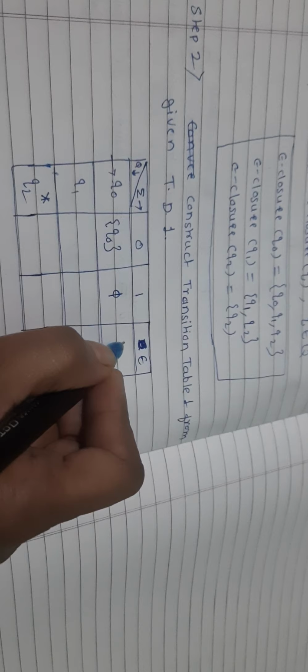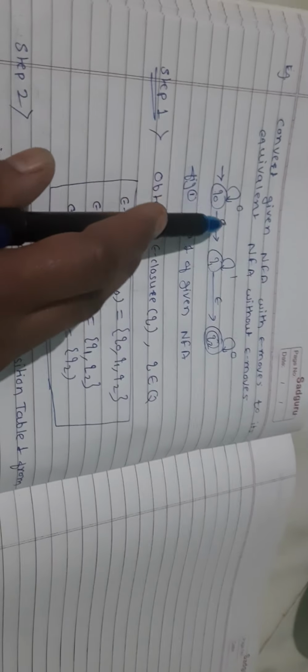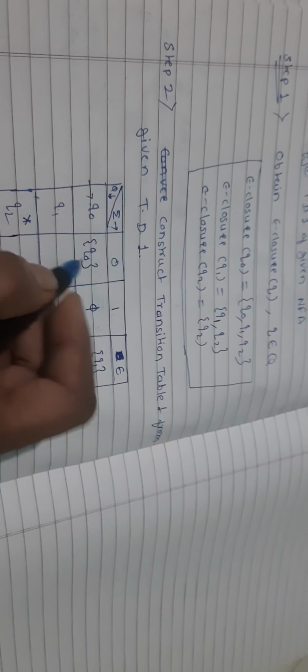Q0 epsilon, next state is Q1. Then Q1 0.